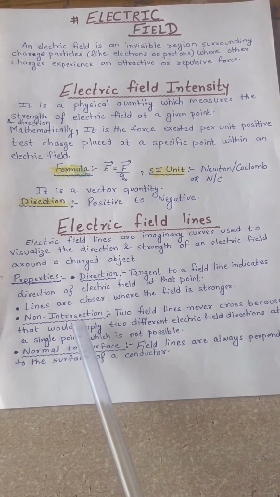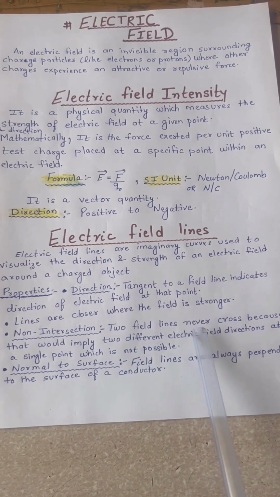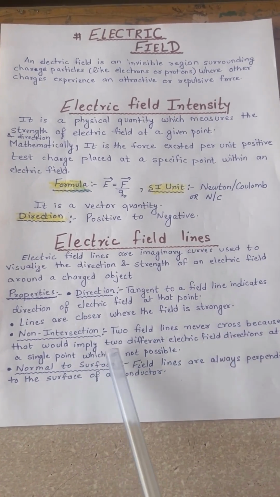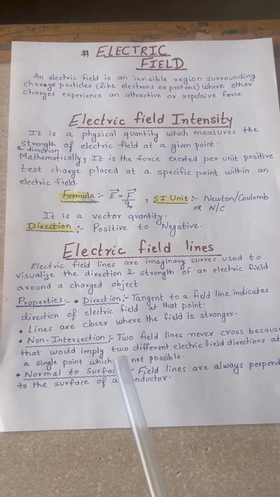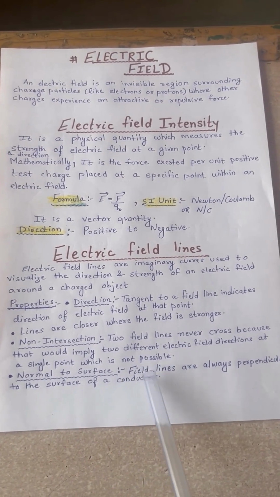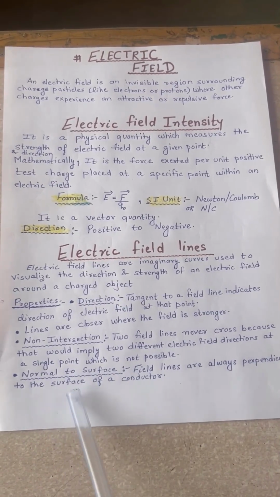And these lines never intersect because the point of intersection gives two directions of electric field, which is not possible. And these lines are always perpendicular to the surface of the conductor.